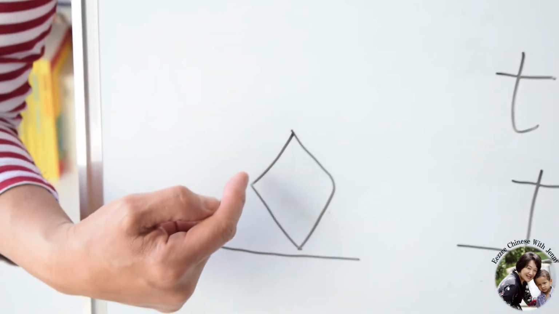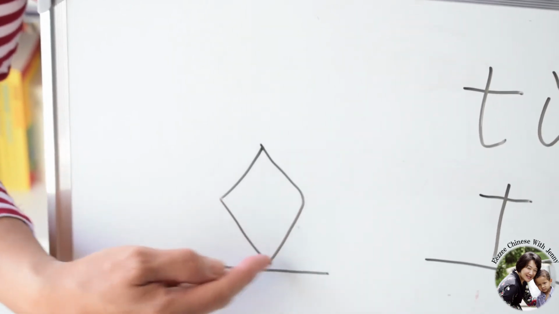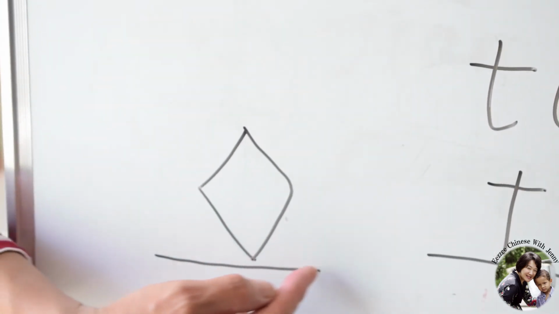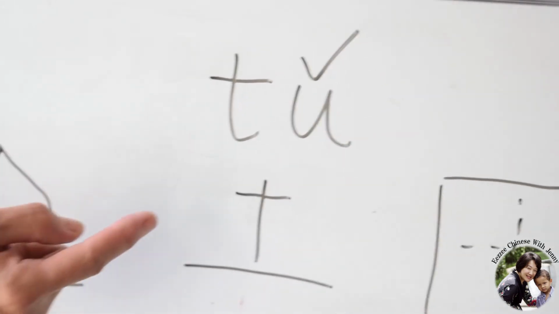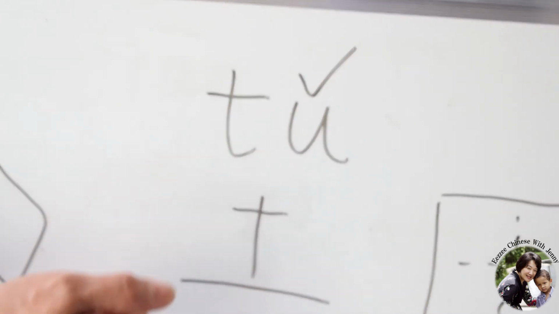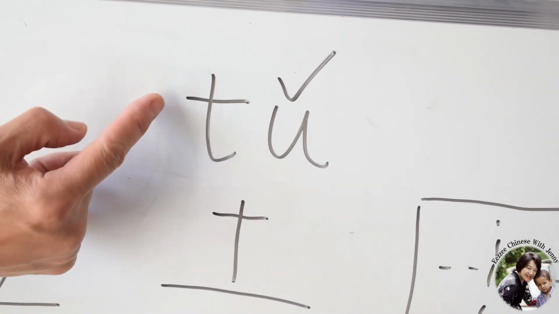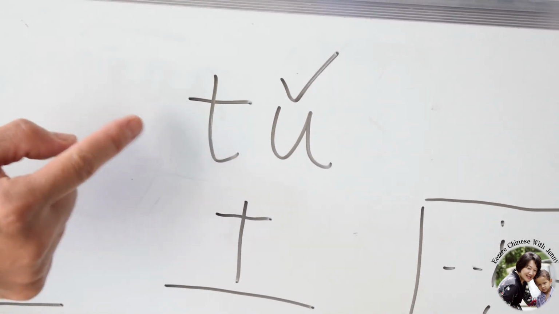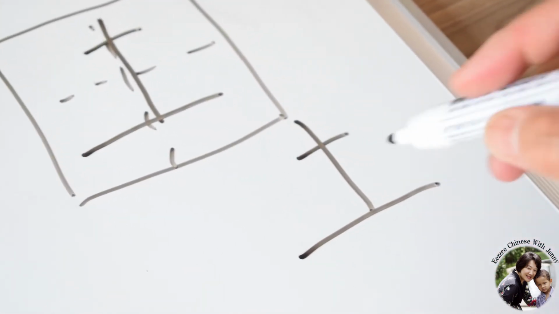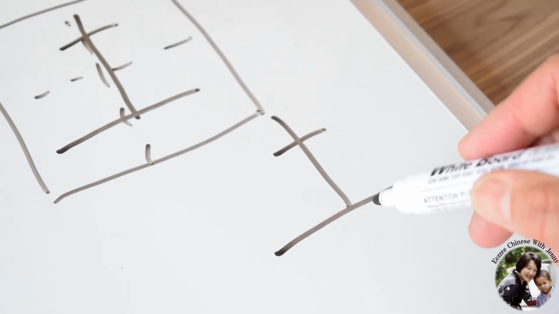This oracle shape represents a heap of soil or dirt on the ground, and it means the earth or the soil. The pronunciation is tu, the third tone. First, second, and third. It means earth, soil, 土.